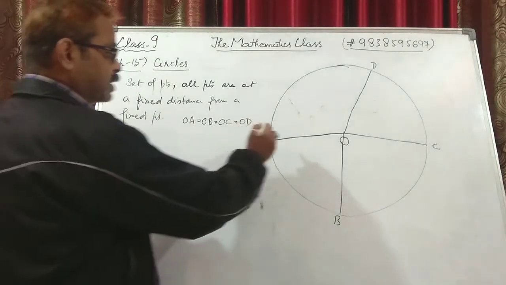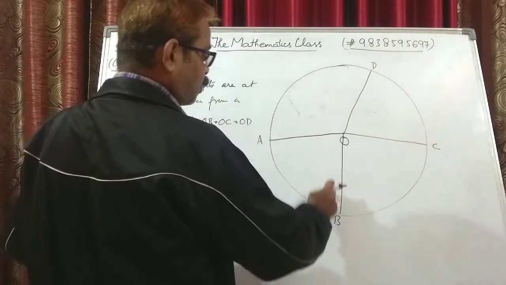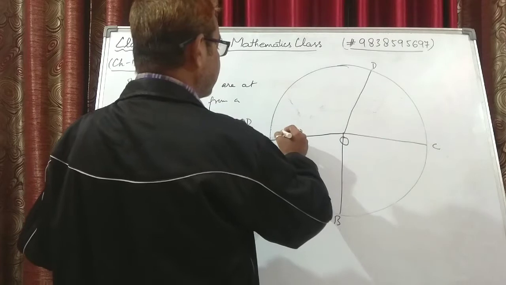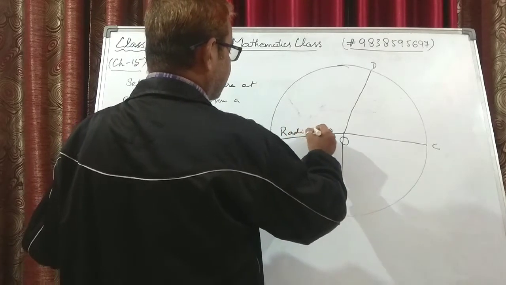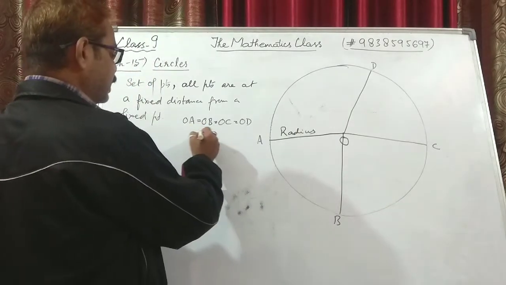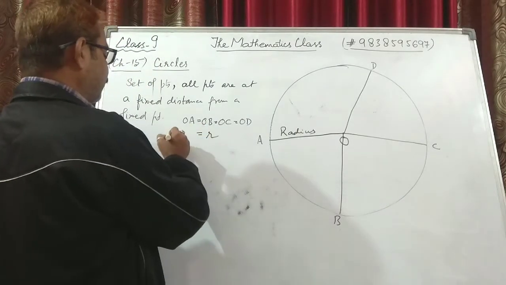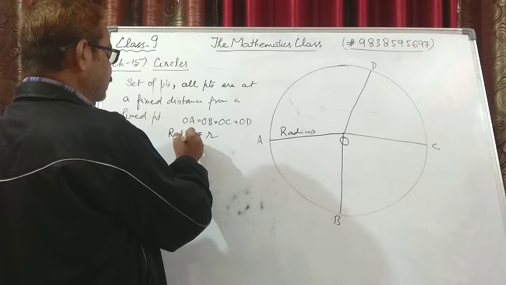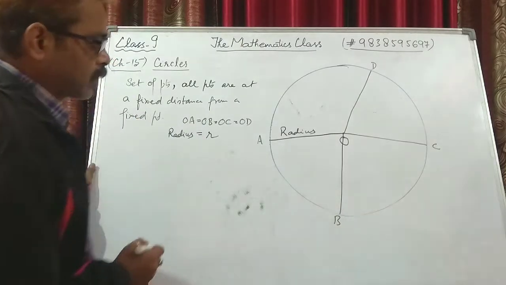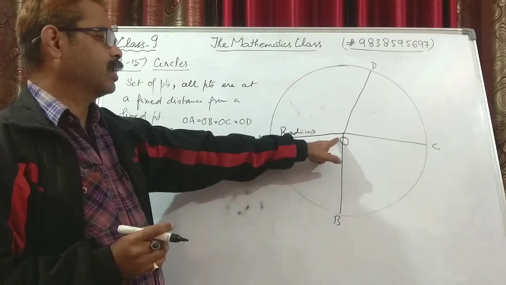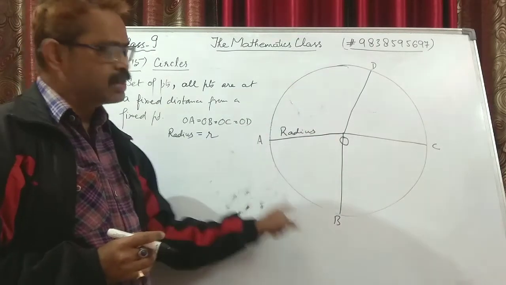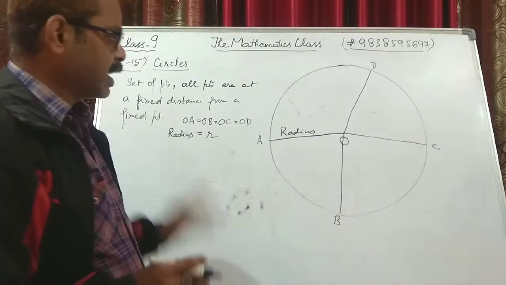So this fixed distance OA or OB or OC or OD is known as radius, and it is represented by small r. What is radius? Radius you must have learnt in the smaller classes, that radius is a line joining the center of the circle to any point on the circumference. So this is known as radius.